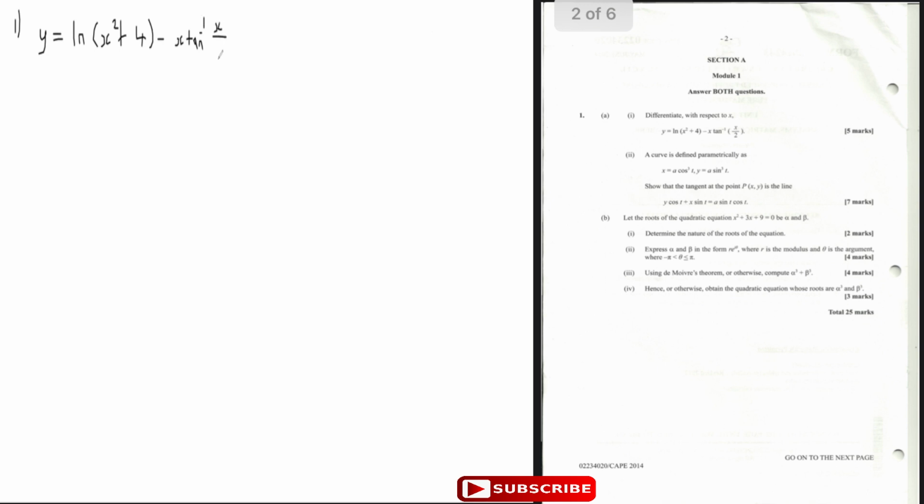Nice and easy. All right, so this is y. So now we're asked to differentiate this, so we need to find dy/dx.